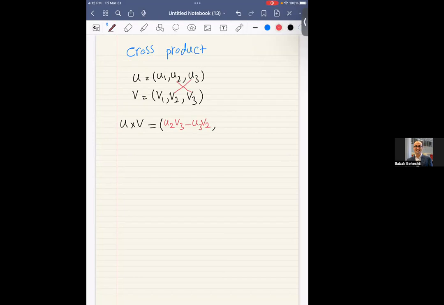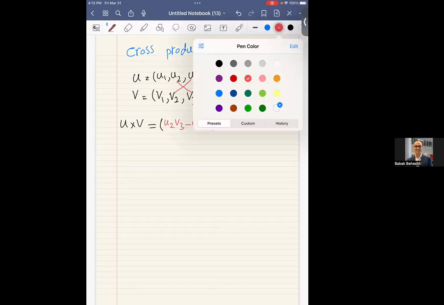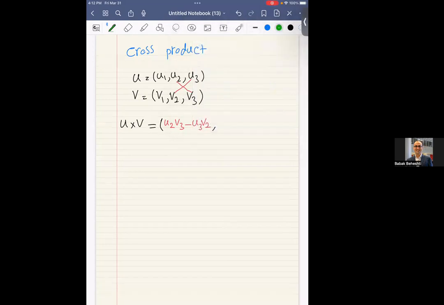The second component, let me use another color, like green. What you do is multiply u1 with v3 and u3 with v1. I'm writing with green, but you have a minus sign. So it's minus, u1 times v3 minus u3 times v1.